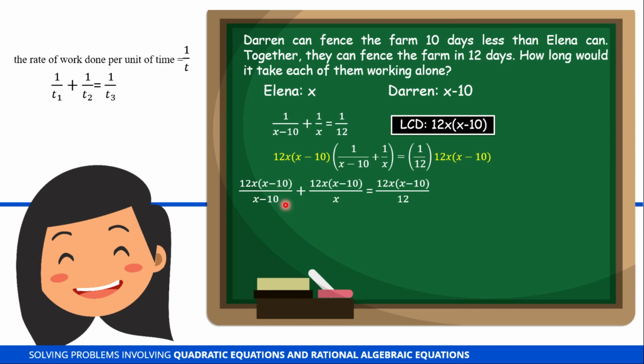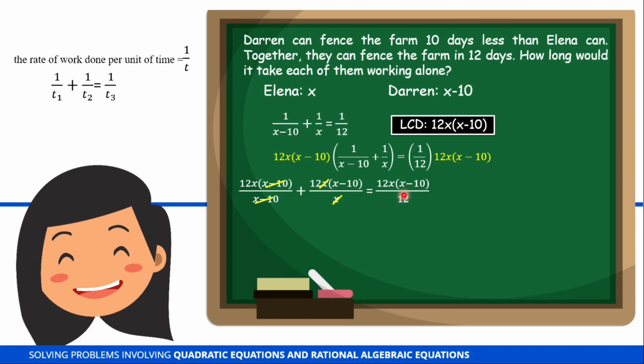Sa unang term, pwede na natin ma-eliminate yung ating binomial sa numerator na x minus 10 and binomial sa denominator na x minus 10 rin. Sa pangalawang term naman, maaari na nating eliminate yung ating x dito sa ating monomial na 12x. So, we have x eliminated sa numerator and sa denominator.